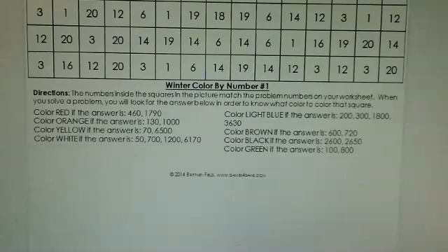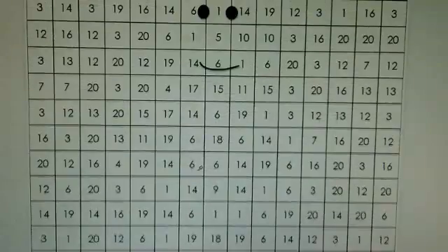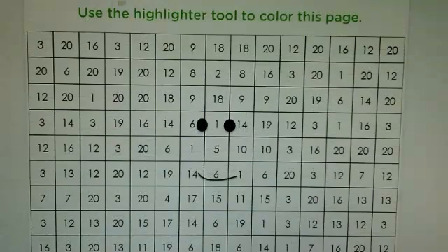So you can just leave it white if you want to, or you can come and grab your highlighter and you can color it white. All right? Then you're going to come up here and using your highlighter tool, and you want it on the biggest setting, you're going to find the number 1 and you're going to color it white.